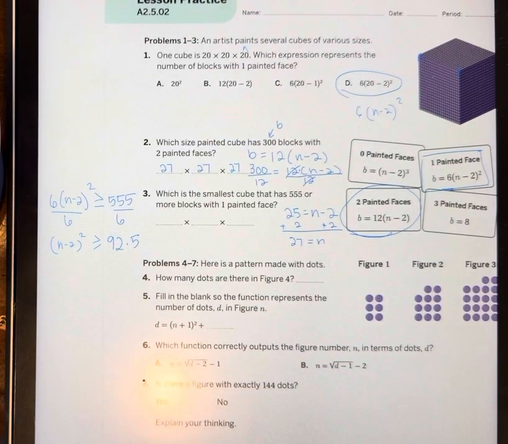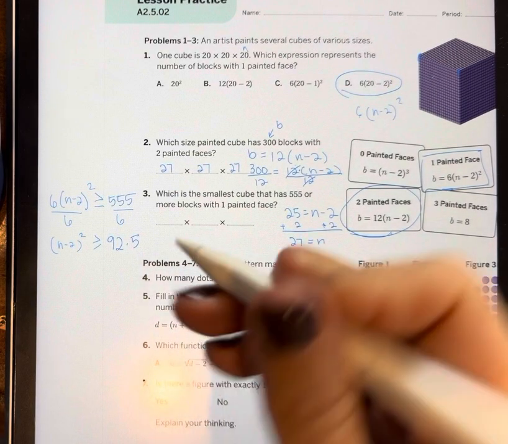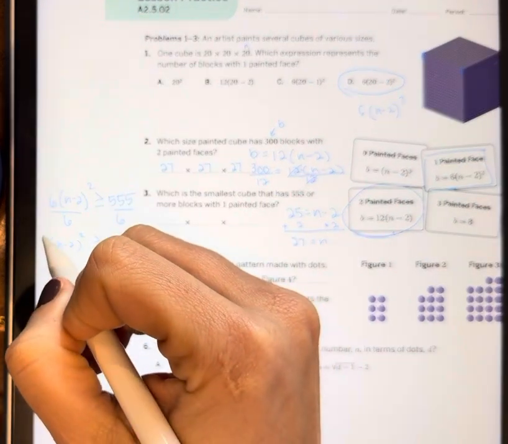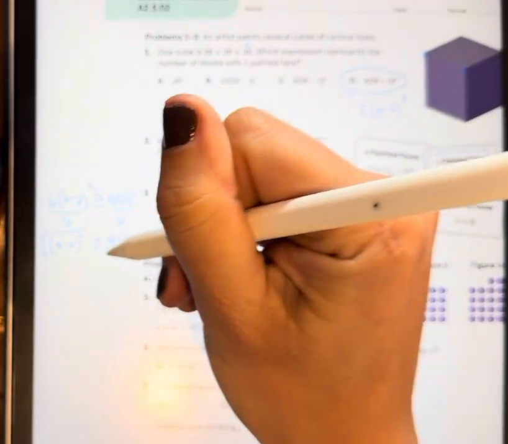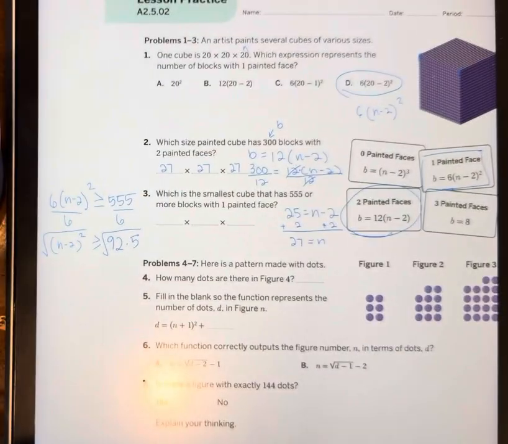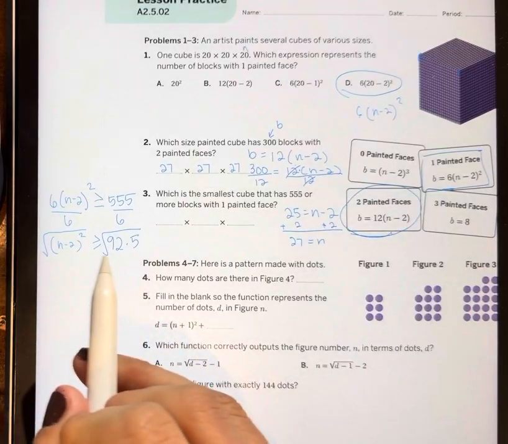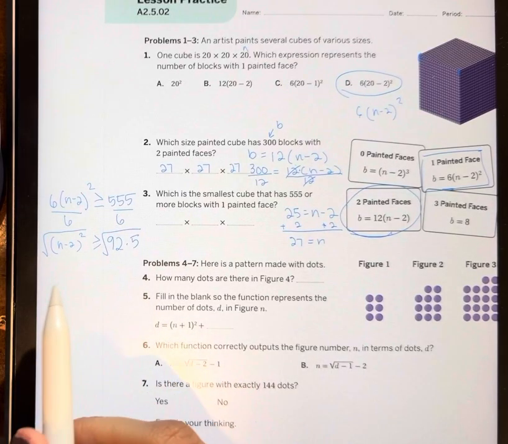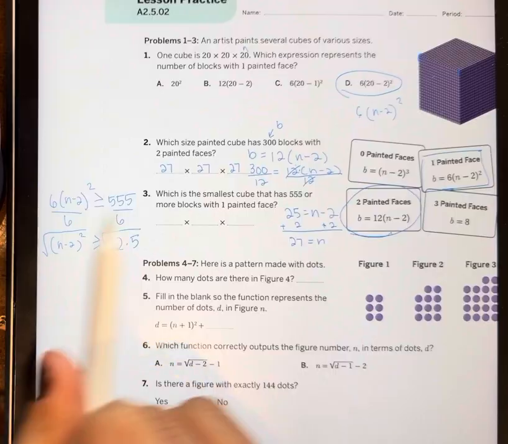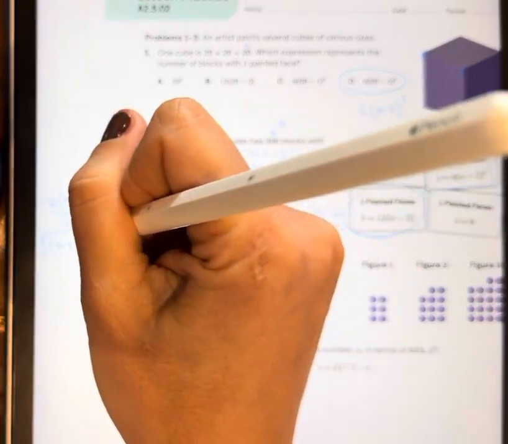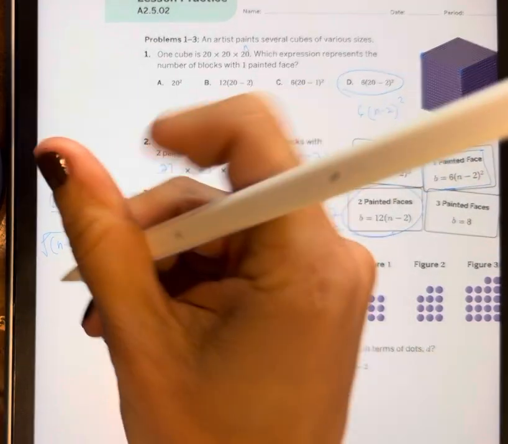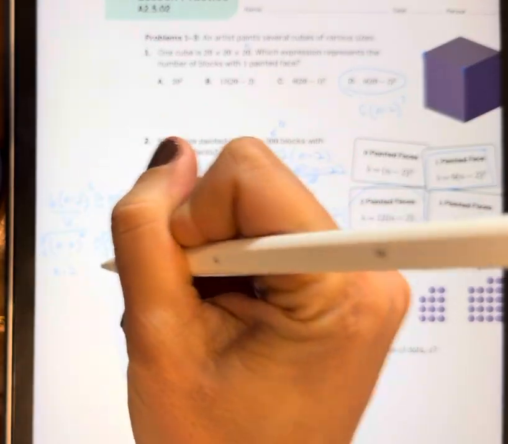So it's 92.5, and now we must square root both sides, which is a little iffy of a thing to do with inequalities. However, because we know everything is positive in our block situation, it's actually not so iffy right now, but I had to say it.